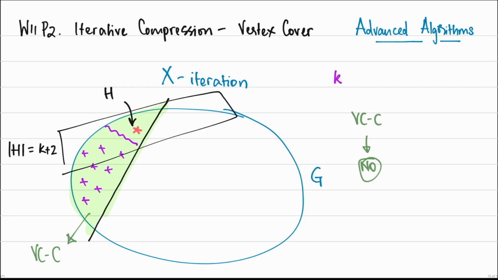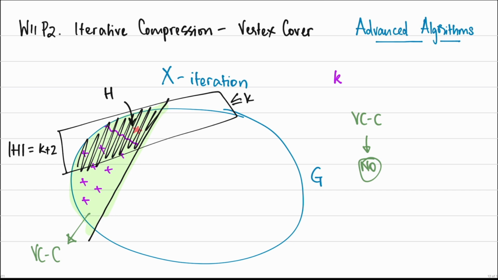So suppose there was some set of at most k vertices that formed a vertex cover of G, then if you look at the intersection of those at most k vertices with H, just project the solution on H, you get a subset of at most k vertices which must have formed a vertex cover for H as well, because if it didn't and there was an edge outside, then this set is not a vertex cover for G either, right? So if G had a vertex cover of size at most k, then H would also have a vertex cover of size at most k.